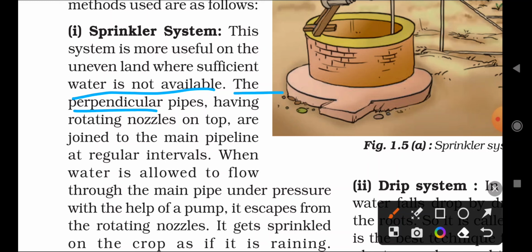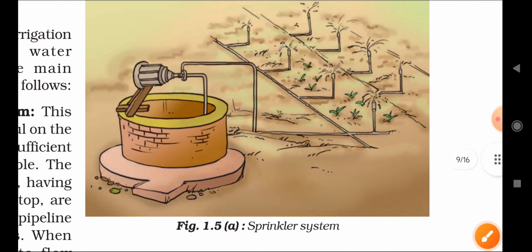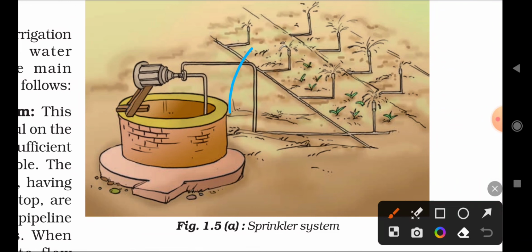The perpendicular pipes, having a rotating nozzle on the top, are joined to the main pipeline at regular intervals. Like this the perpendicular line is joined, and they have nozzles, which rotate.